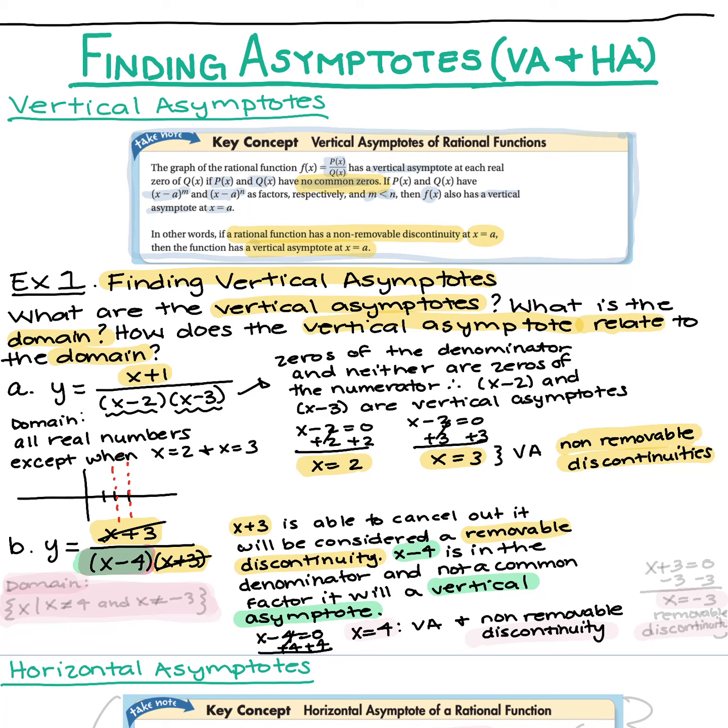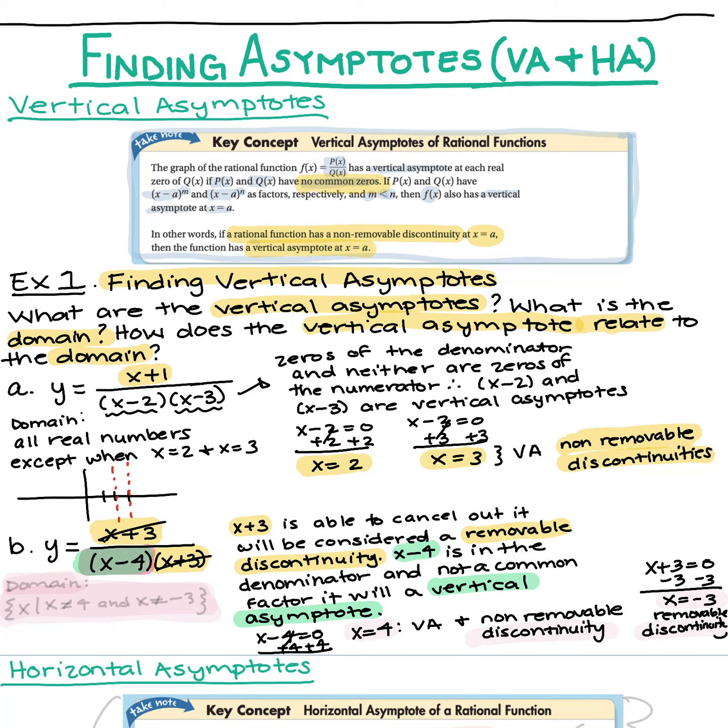Whereas x + 3 equals 0 will be considered your removable discontinuity. But it will not be considered a vertical asymptote, so just keep that in mind.